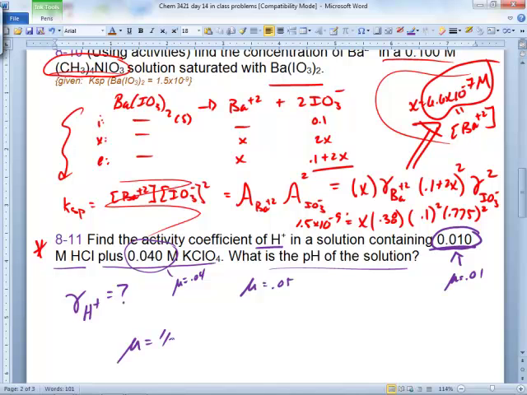Ionic strength is 1/2 the sum of concentration times the charge squared, right? Add all that stuff up. 0.01 times a positive 1 squared, 0.01 times a negative 1 squared, right? Just to prove it to yourself. I think you need to. Otherwise, you're not going to be comfortable doing this.